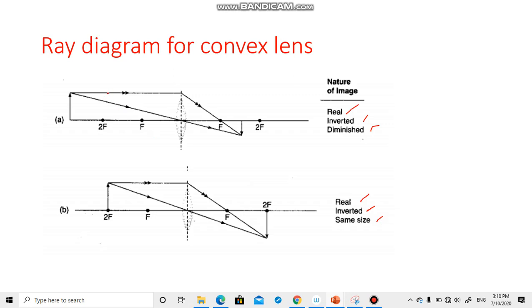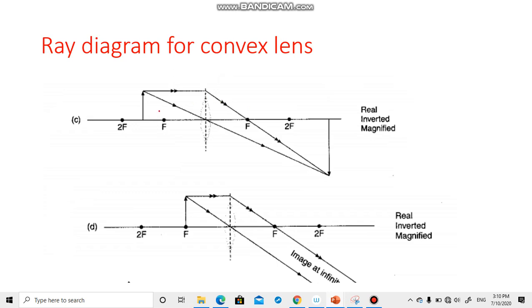When the image is formed on the side of the direction of the rays, you call it a real image. You can very well draw these to scale and verify, and you will get exact results. I am trying to explain these pictorially, but you need to take a proper scale and protractor and draw to scale, then you will get the same answers.